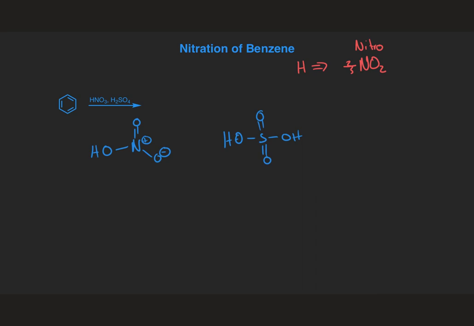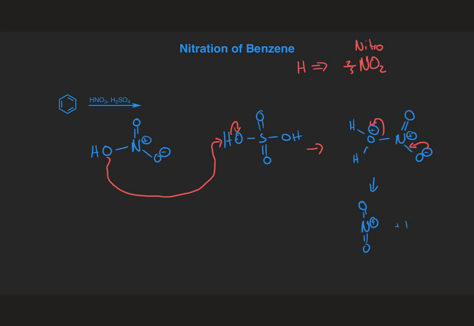And so to generate this electrophile, nitric acid is actually going to act as a base and pick up a proton from sulfuric acid to generate this intermediate, which will eliminate water by kicking these electrons up to nitrogen and that water off, which generates the nitronium ion, which is a positively charged NO2 in water.